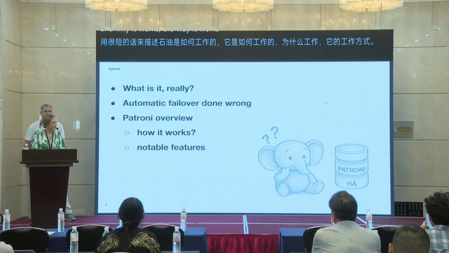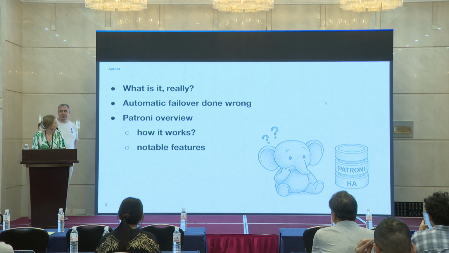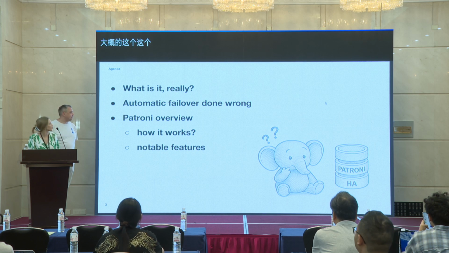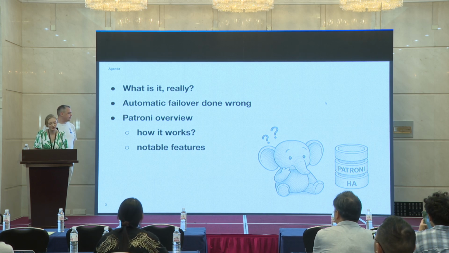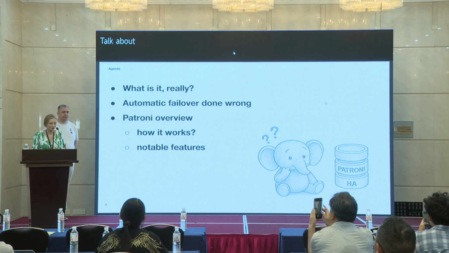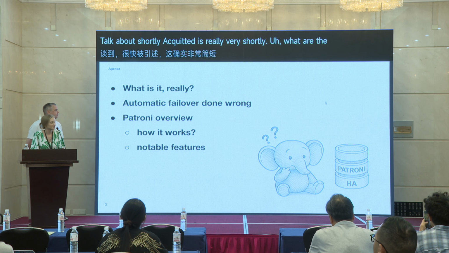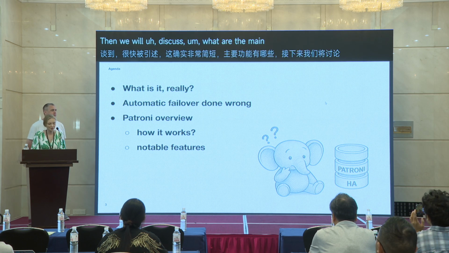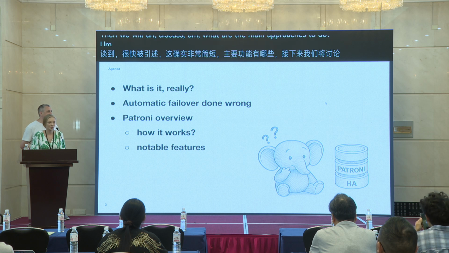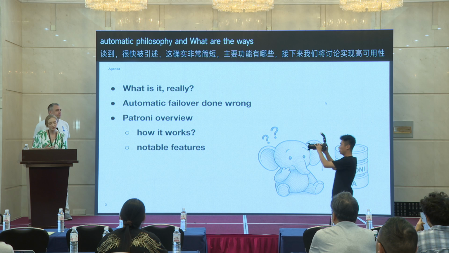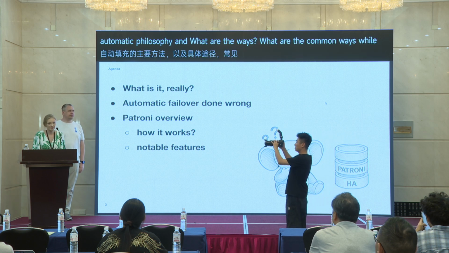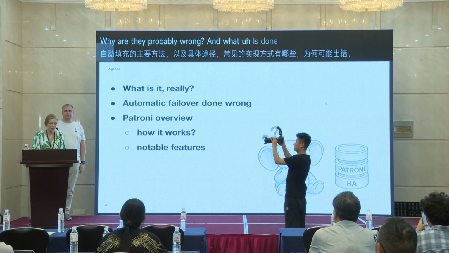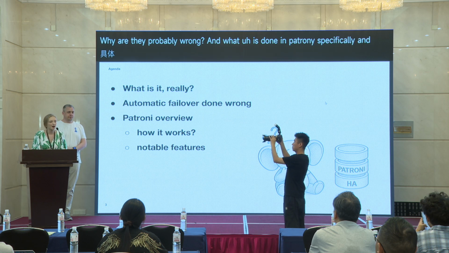Okay, so we will have the following agenda today. First, we will talk very shortly about what it really is and what the main functions are. Then we will discuss the main approaches to high availability and automatic failover, the common ways, why they are probably wrong, and what is done in Patroni specifically, and why Patroni has the architecture it has.